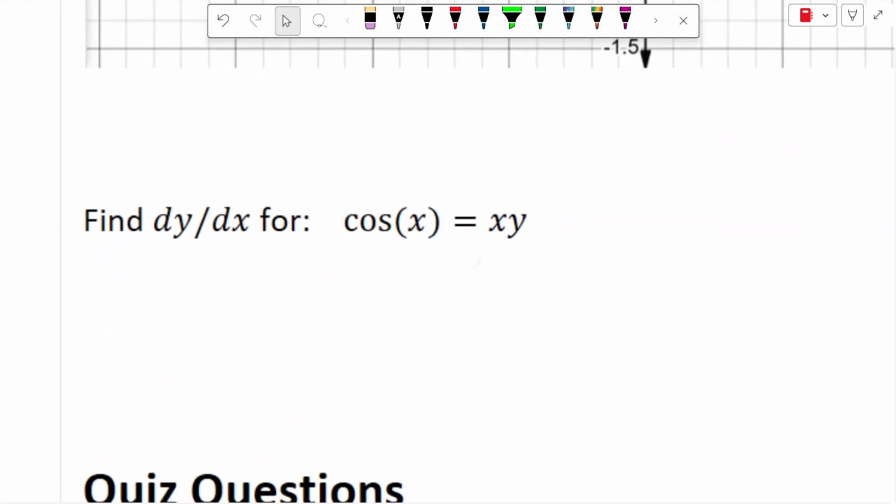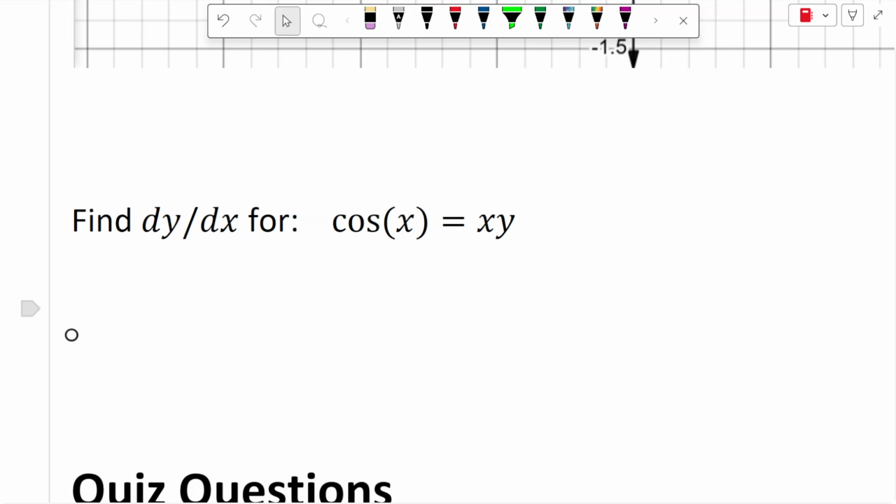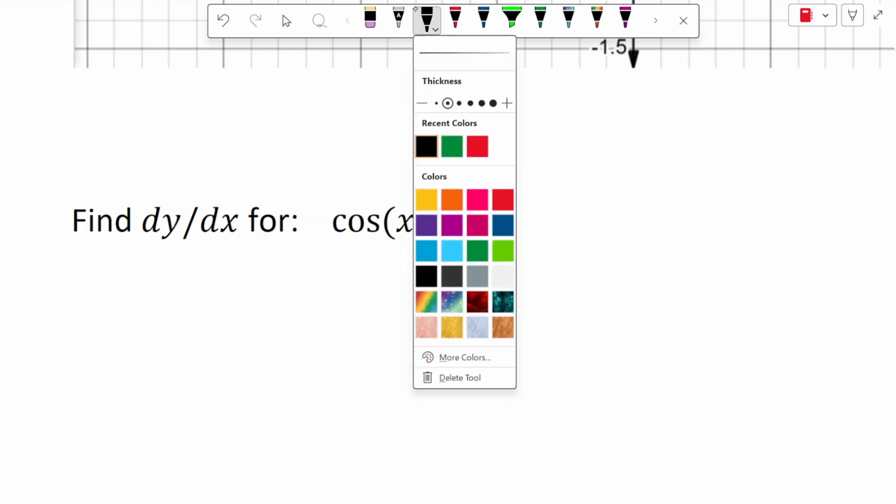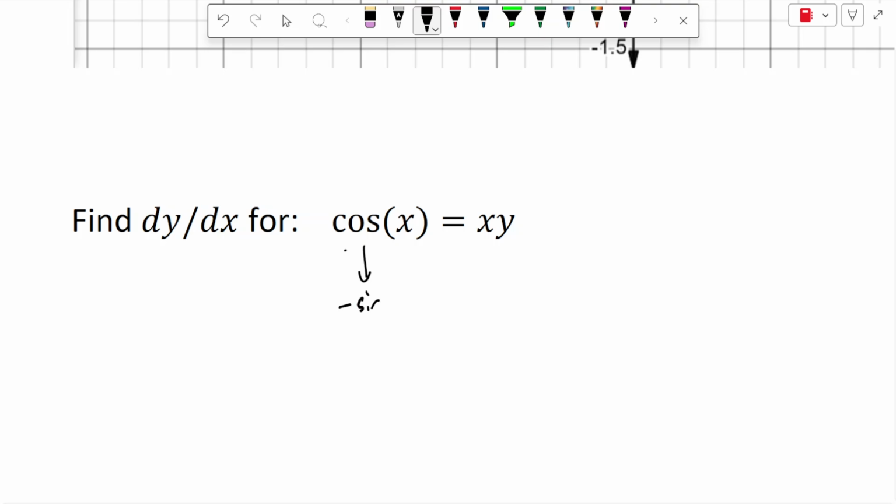Lucky last, we'll just get dy dx for this function. So cos of x is just going to go straight down to minus sine of x when we differentiate it. xy, we need to use a product rule. So u would be x, v would be y. u dash would be 1 because we're differentiating with respect to x here. And v dash would be 1 times dy dx.